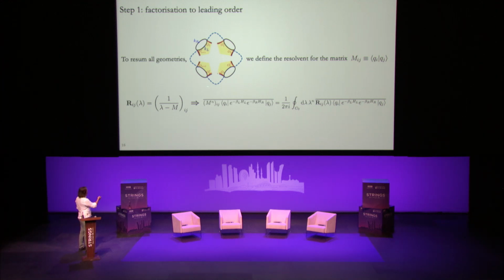Remember that the trace is just the limit when n goes to minus 1 of this quantity. In principle, it's just the integral of d lambda over lambda of this factor.